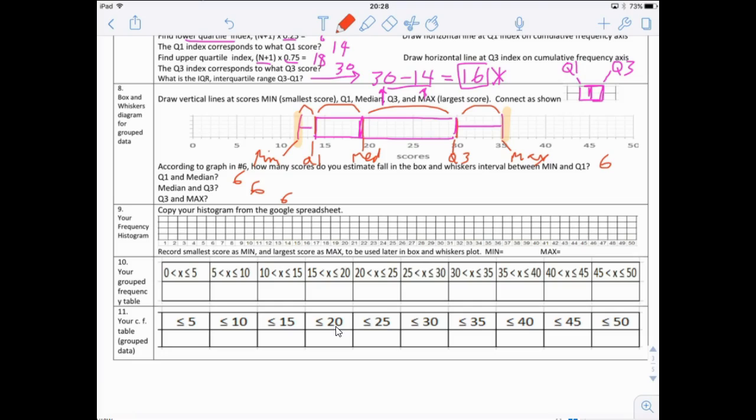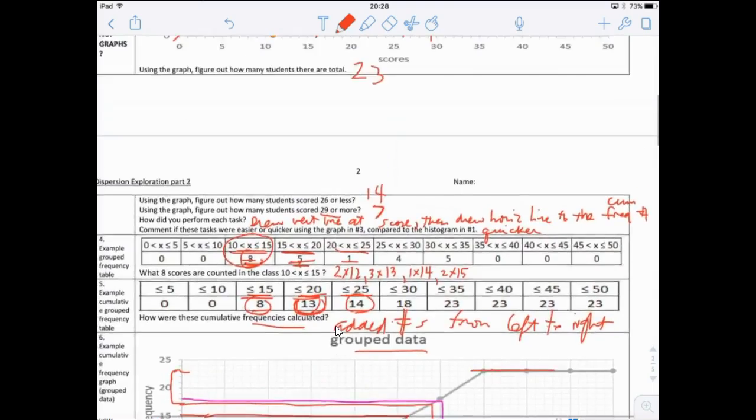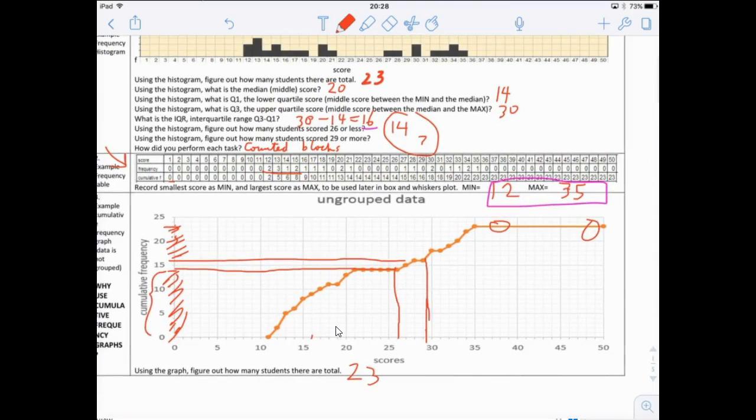Now for the rest of the sheet, you're going to copy your histogram from your Google spreadsheet, so your particular distribution, and you're going to do the exact same kind of analysis. You're going to divide up into intervals. You're going to count how many scores are between each interval, and you see we've grouped the intervals, so it's not going to be like this first one where we had a bunch of different columns.